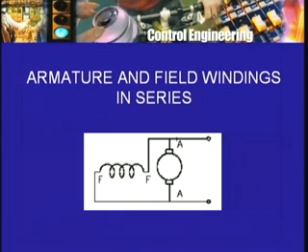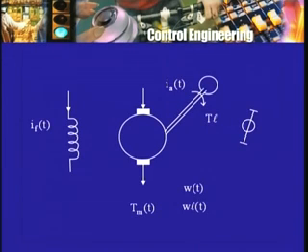Whereas in the case of the shunt motor, as was shown in the diagram earlier, here is the diagram once again. In the case of a shunt motor, the two currents will be different. Armature current will not be equal to the field current, and in fact they may come from two different power supplies.